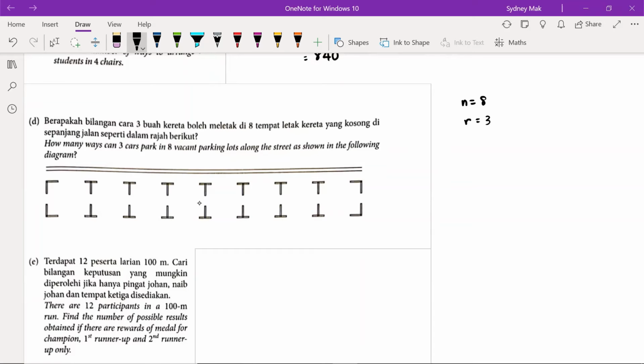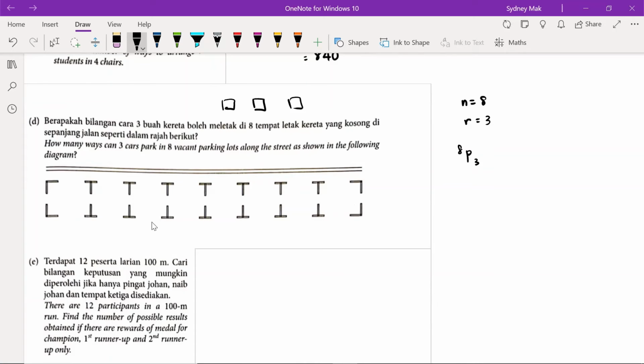Therefore, the number of ways to park will be 8P3. Sometimes it is not the parking lots that we fill in; sometimes it is the 3 cars.